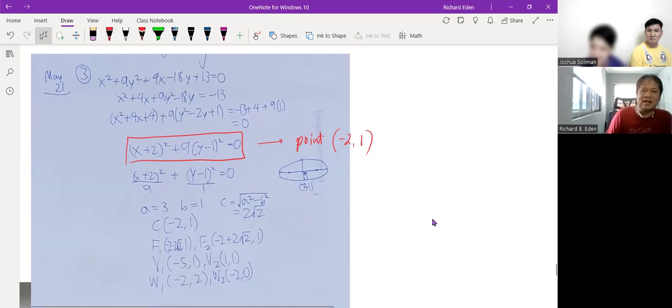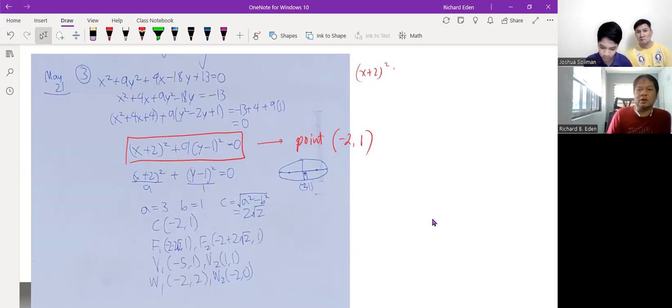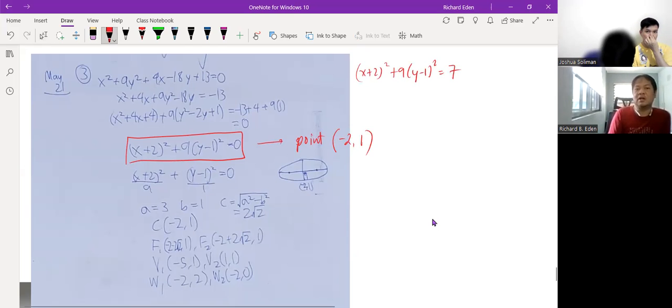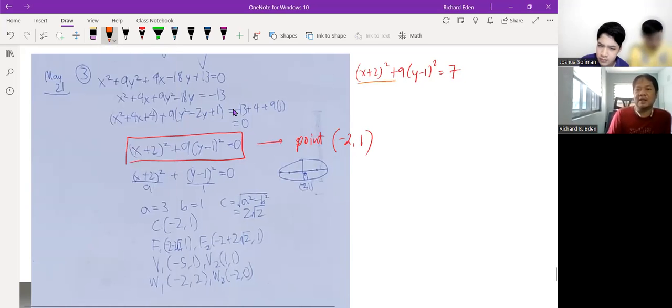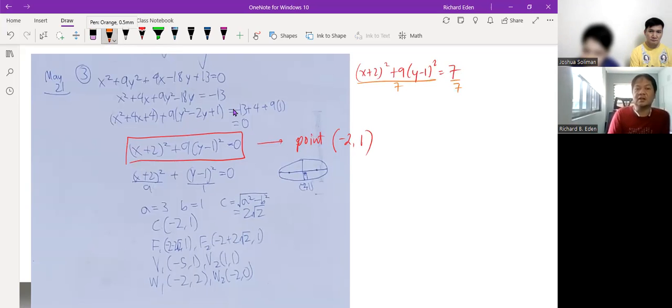All right. So again, if it was some other positive thing, say x plus 2 quantity squared plus 9, y minus 1 quantity squared equals 7, even if it's not a perfect square, say it turned out to be 7, how would we proceed from that? What we'd have to do is divide by 7 because you want it to be 1 on the other side.